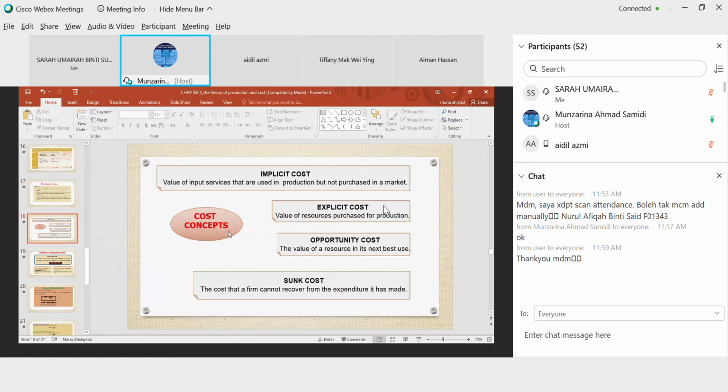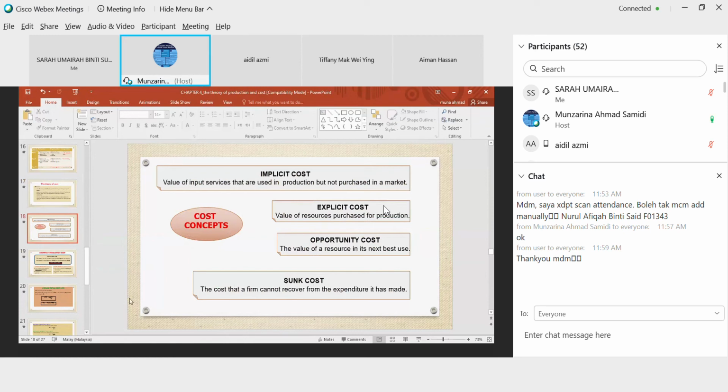And there are various concepts in the cost of production which you need to understand a little bit before we go into the curves.